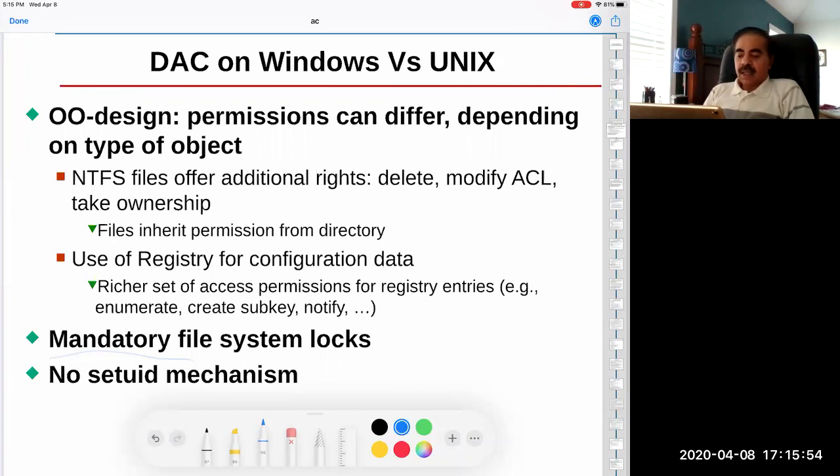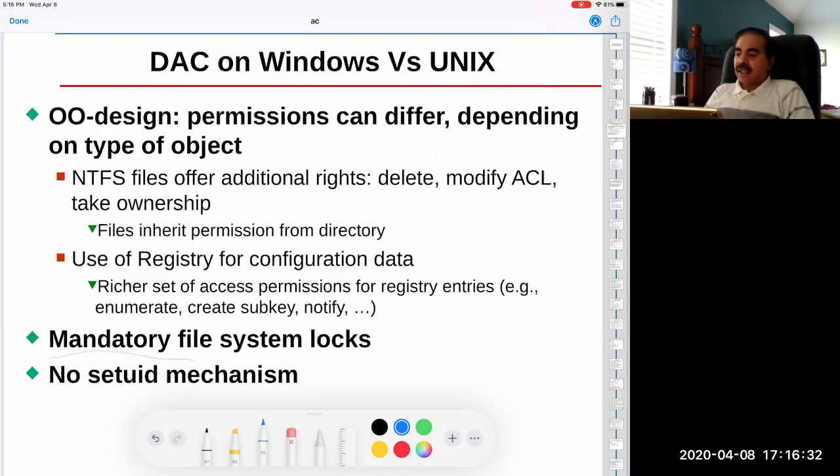On Linux, you can enable mandatory file system locks, but almost every system that's installed out there uses only what are called advisory file system locks, which means that processes can cooperate to use a file in a locked fashion. If, let's say, process A locks the file, a process B can check the lock and then not open it if it doesn't want to.